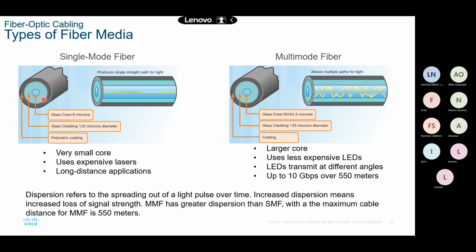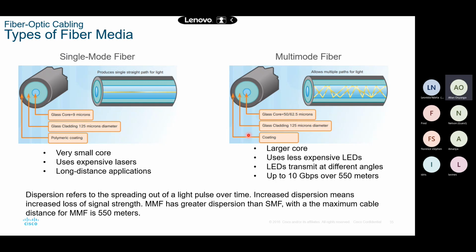Now it transmits at different angles, and it uses LED. This one can carry only about 10 Gbps over a distance closer to half a kilometer, 550 meters. So LED covers a shorter distance. The multi-mode fiber has a shorter distance, and the single mode fiber goes for longer distances. Those are SMF and MMF, the way we refer to them.